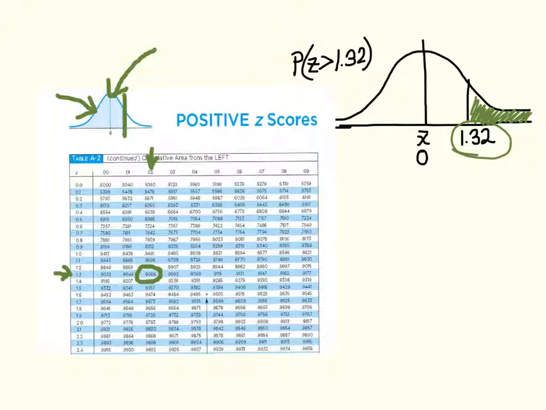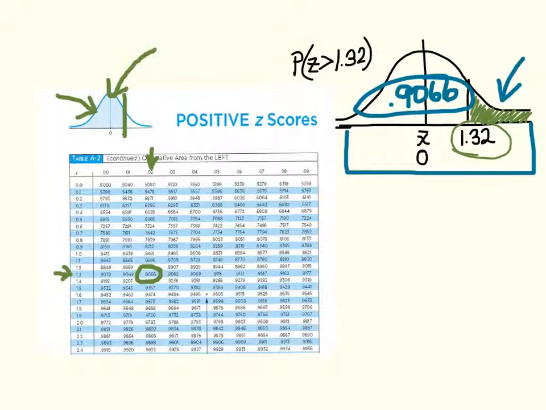So that tells me that this area right over here is 0.9066. But I'm not interested in that area. I'm interested in the area right here. Now recall that our total area is 100%. So I can easily find the remaining area by subtracting from 1.